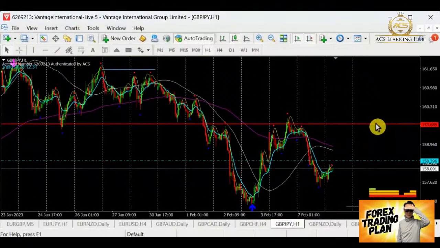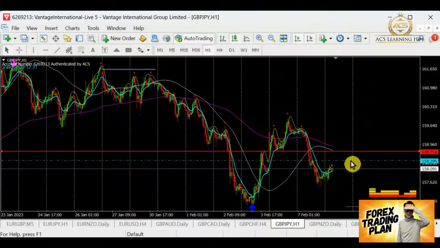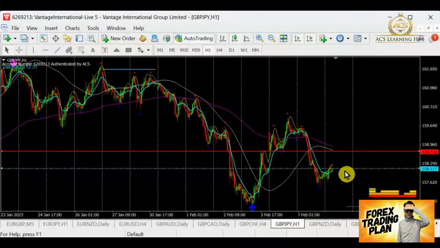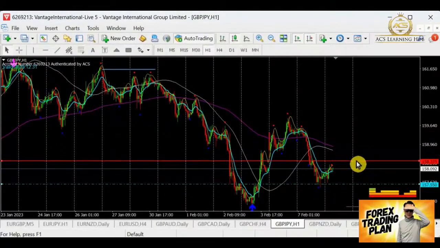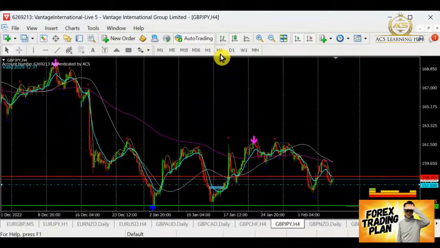We need a very concrete resistance, which can give us a very good selling. Let's see if the resistance is able to hold. Let me bring this down, 1, 2, over here. Let's wait for Pound yen to test onto the resistance before we take action. After that, we will see how many pips to go to hit the support, and we will get out of the trade from there.